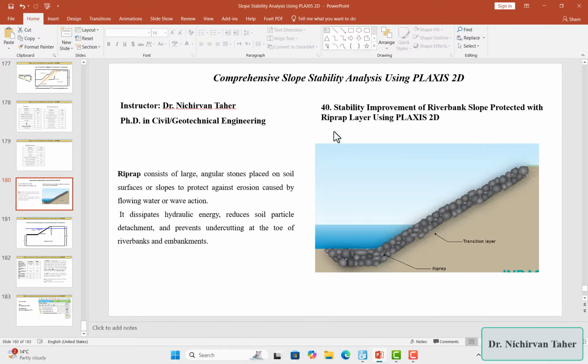In this lecture 4T, we have a stability improvement of a riverbank slope protected with a layer of riprap using PLAXIS 2D.